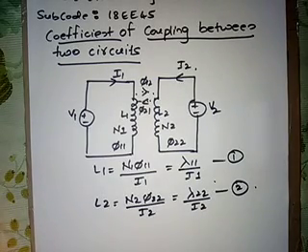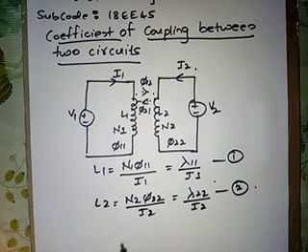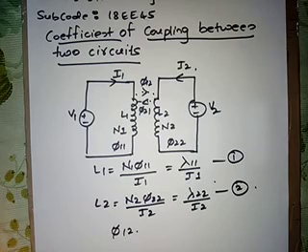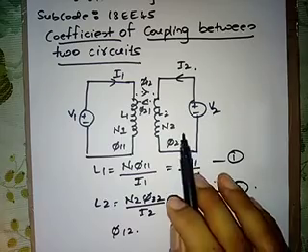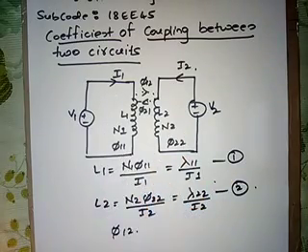Now the flux linkage with circuit 2 due to the current in circuit 1 is denoted by phi 12. This flux is a part of the flux phi 11.